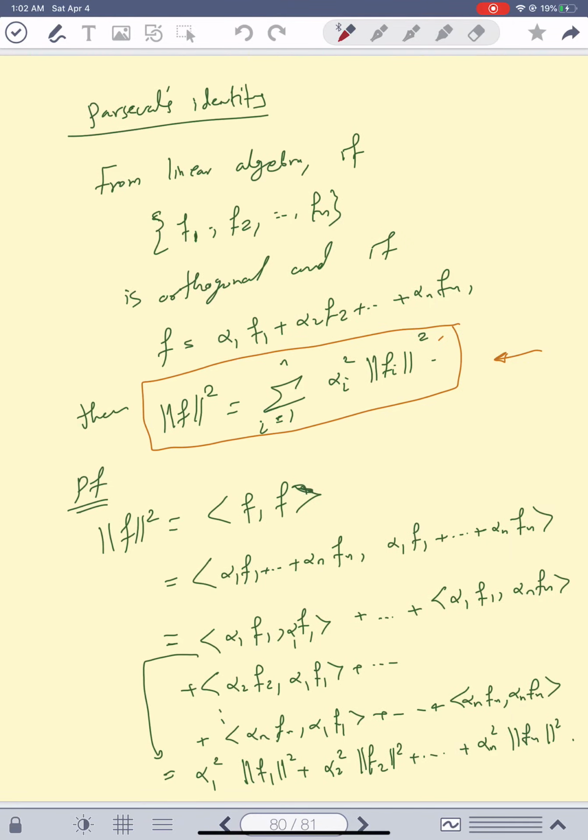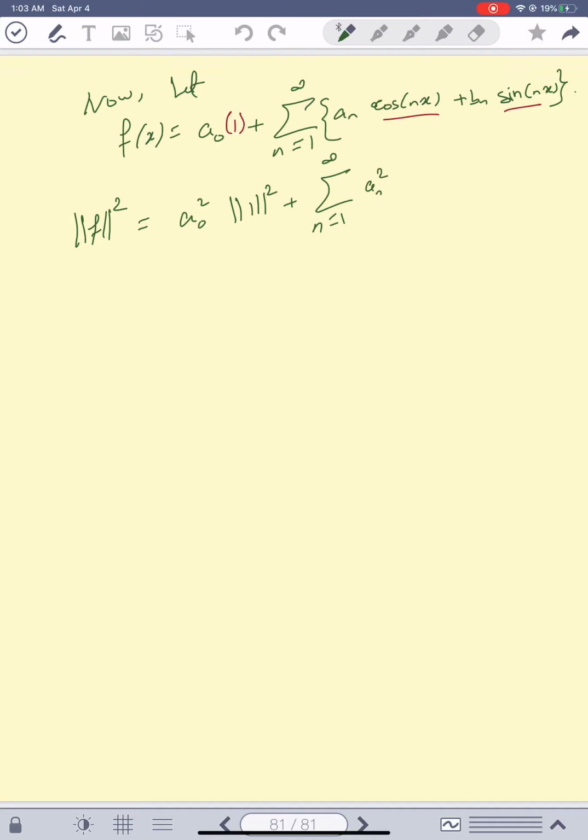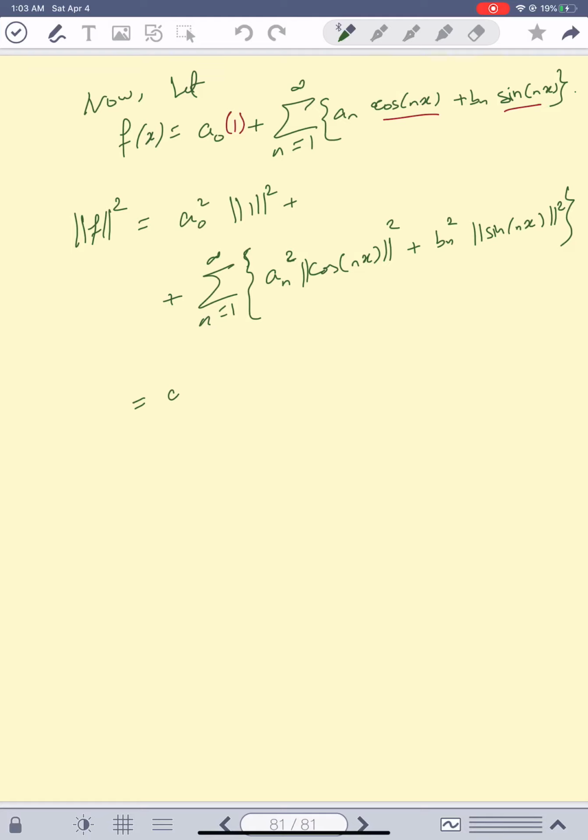So according to the previous page, if you write f as a linear combination of orthogonal functions, you can compute the magnitude square: it will be a0 square times the magnitude of 1 square, plus the sum from 1 to infinity of an square times the magnitude of cosine nx square, plus bn square times the magnitude of sine nx square.